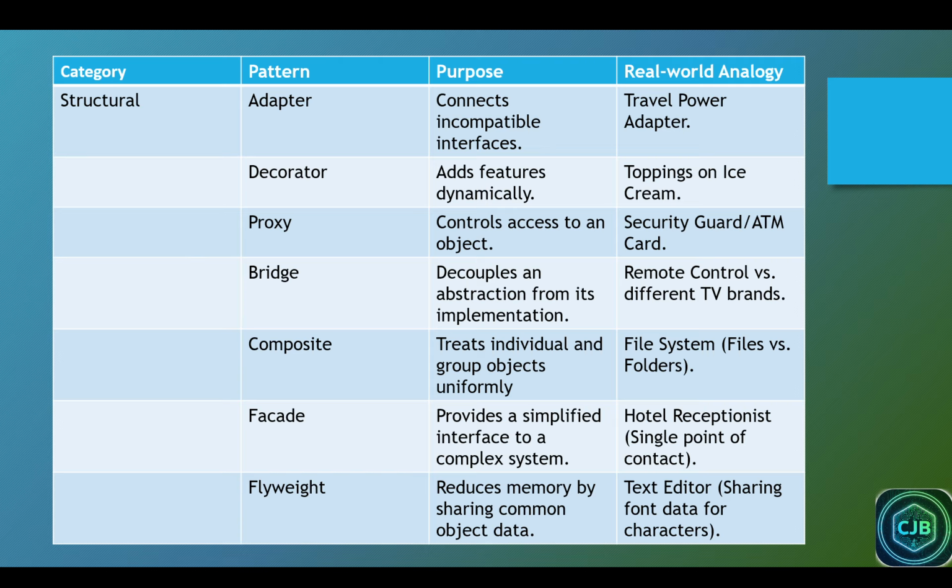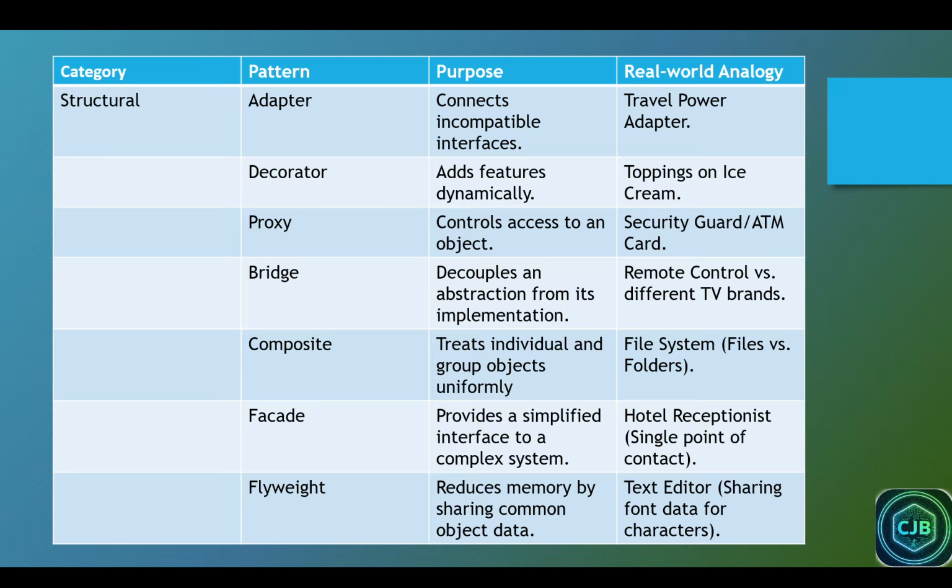Composite treats individual and group objects uniformly, like a file system, files versus folders. Facade provides a simplified interface to a complex system, like hotel reception, a single point of contact. Flyweight reduces memory by sharing common object data, like a text editor sharing font data for characters.